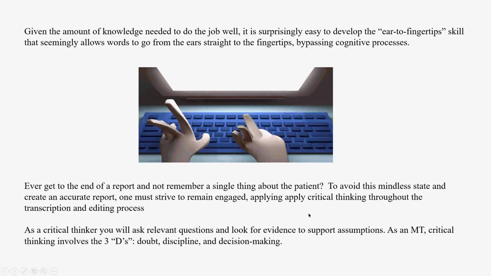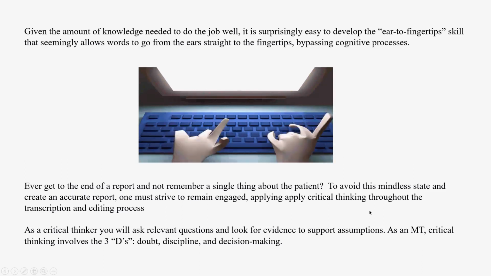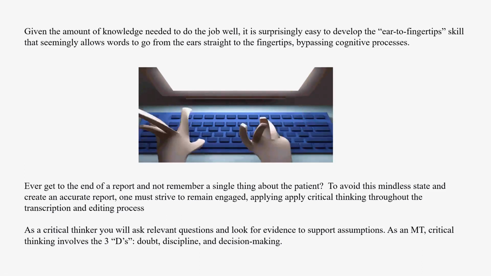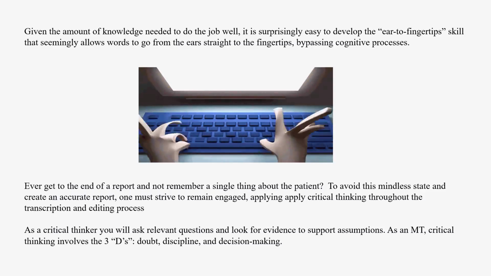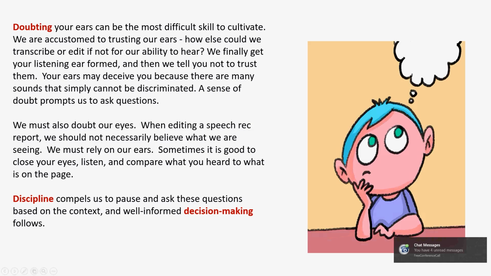As a critical thinker, you will ask relevant questions and look for evidence to support your assumptions. As an MT, critical thinking involves the 3 Ds: doubt, don't believe what you hear or see, discipline, and decision making. Doubting your ears can be the most difficult skill to cultivate.